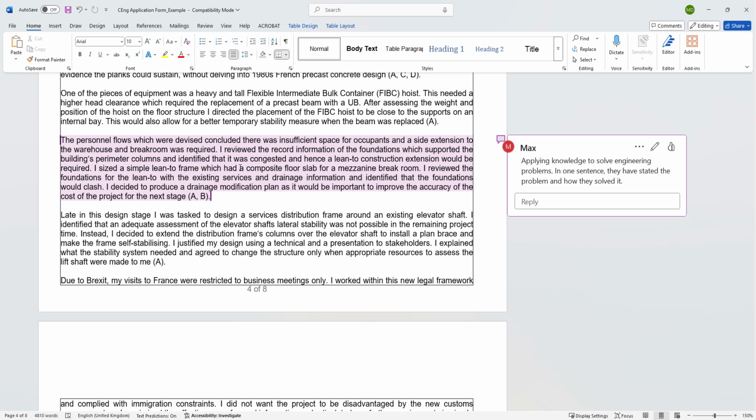I sized a simple lean-to frame which had a composite floor slab for a mezzanine break room. I reviewed the foundations for the lean-to with the existing services and drainage information and identified that the foundations would clash. I decided to produce a drainage modification plan as it would be important to improve the accuracy of the cost of the project for the next stage. This is competence A and B.